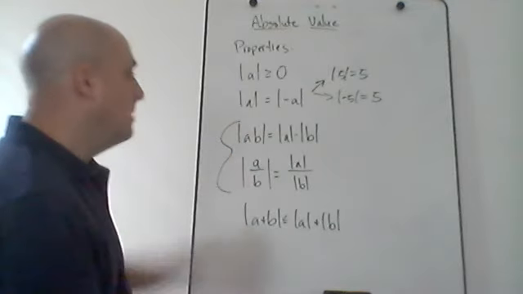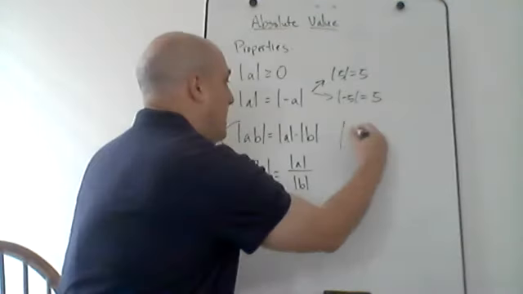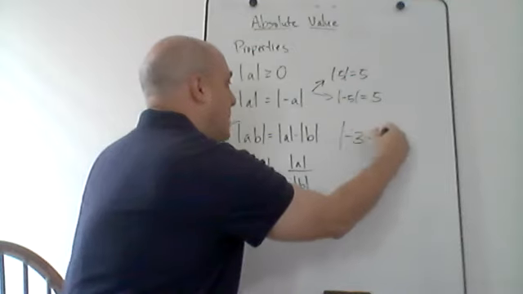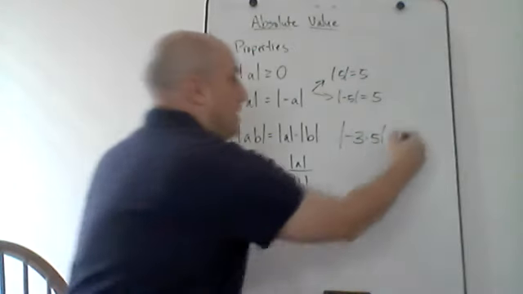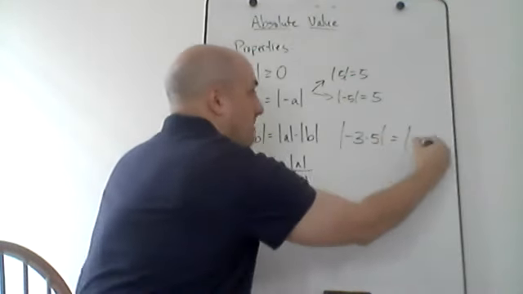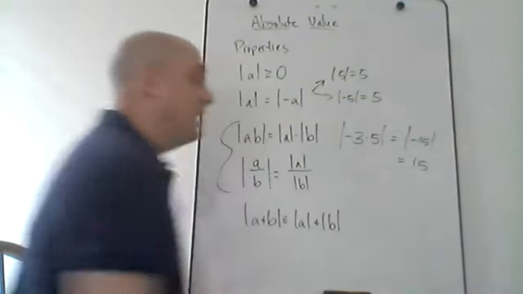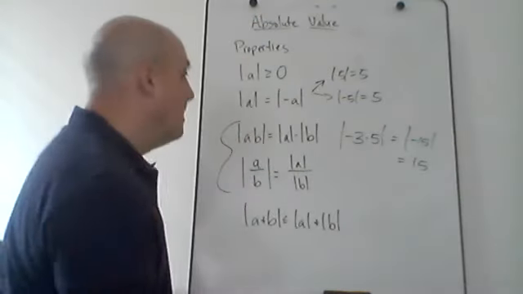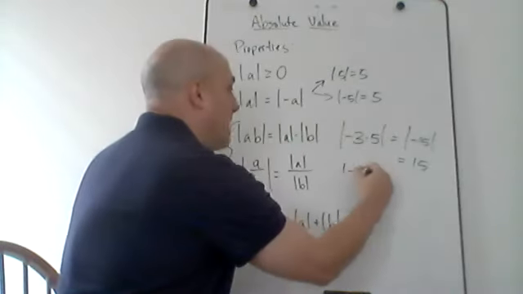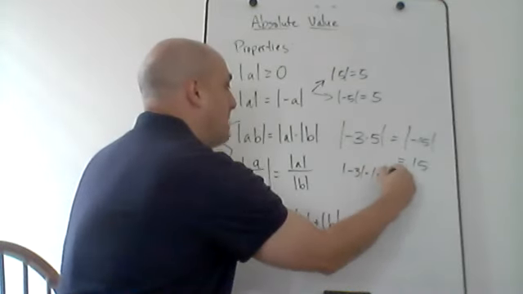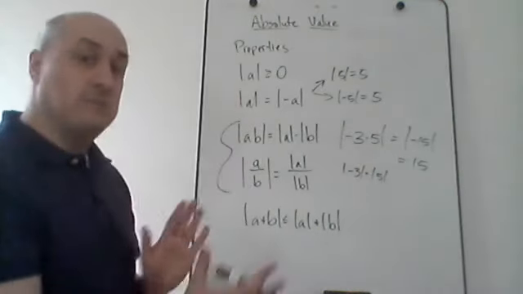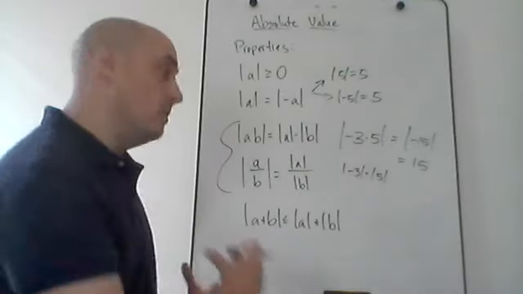An example of this: let's say I had the absolute value of negative 3 times 5. Well, negative 3 times 5 is negative 15, and the absolute value of negative 15 is positive 15. What if I split those apart? What if I did the absolute value of negative 3 times the absolute value of 5, taking the absolute value of each one individually and then multiplying them together?